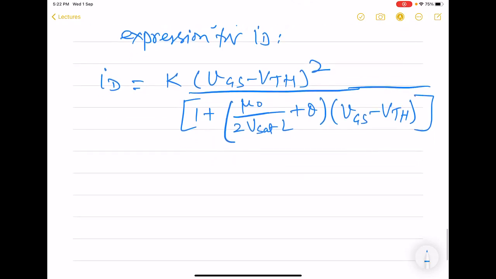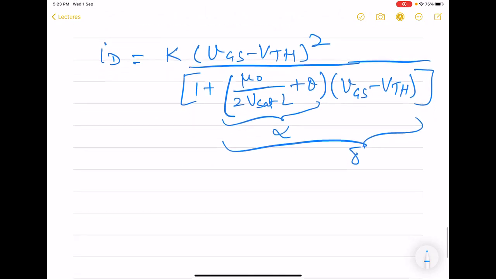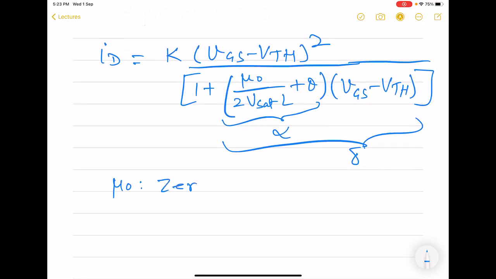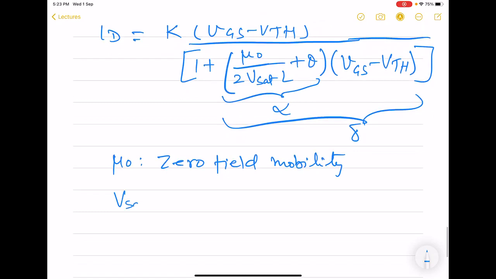Here we see that we have in the denominator 1 plus a product of two factors. So we will be calling this factor alpha and this entire thing as factor delta. And here now we have a few more terms. For example, mu 0. This will be called the zero field mobility. We have V sat.